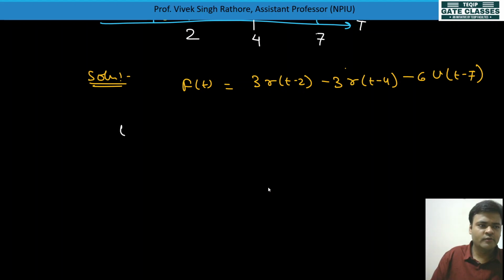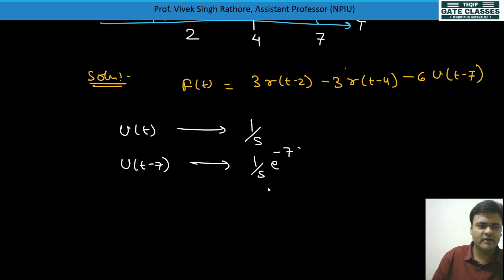See, the Laplace transform of u of t is 1 by s, right, and the Laplace transform of u of t minus 7 will be 1 by s e to the power minus 7s, obviously. And what will be the Laplace transform of r of t?